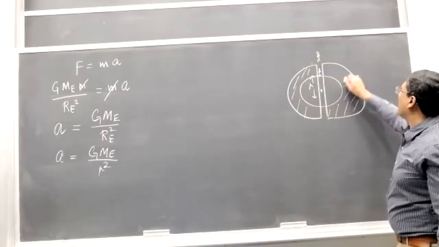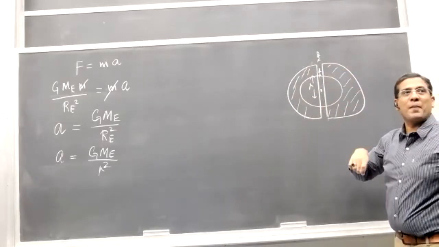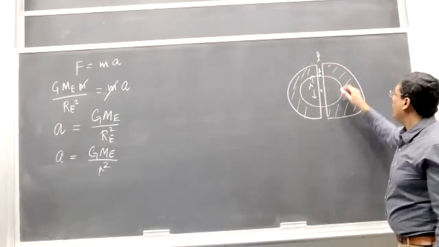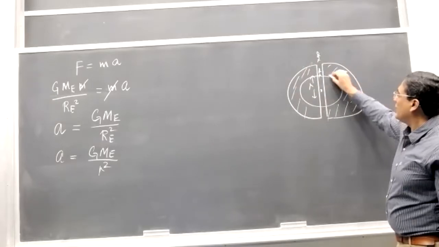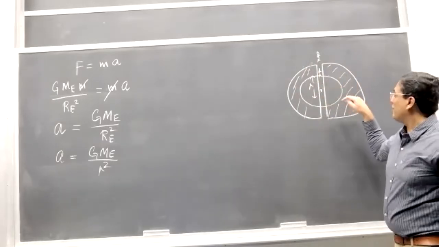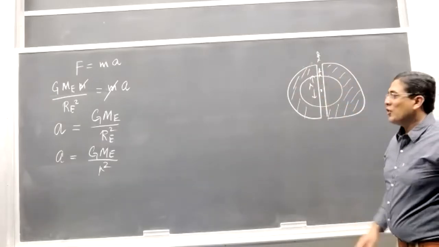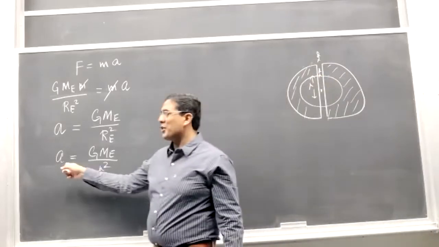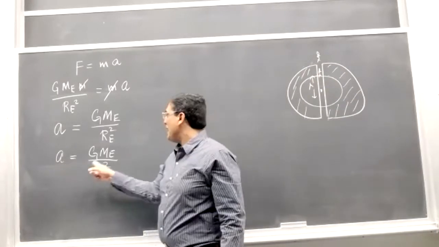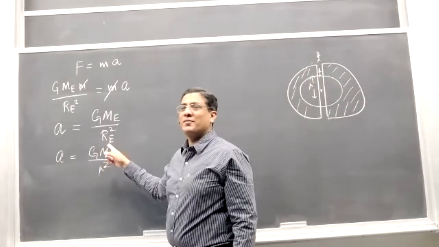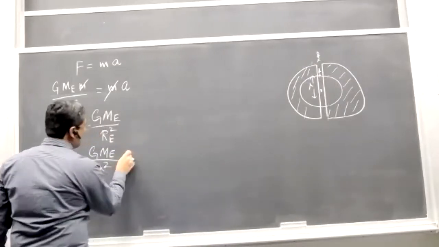This does not exert a force towards the center of mass of Earth. Only this would be the effective mass within that radius that is pulling on you. Okay, so we need to rewrite this expression for the acceleration in terms of an effective mass. Okay, that would be correct.